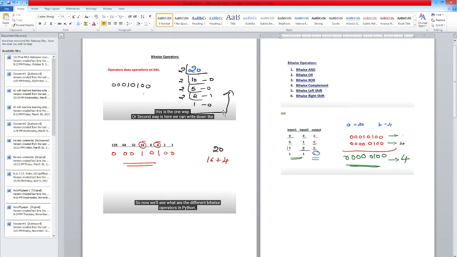We can convert it this way into 20. This is one way.